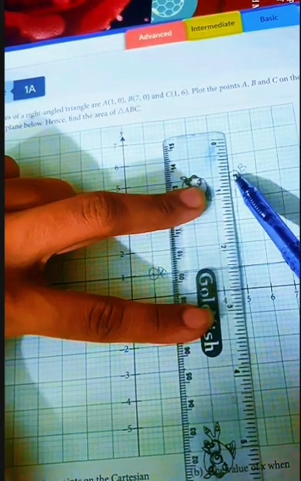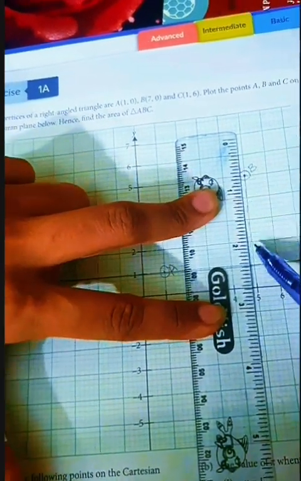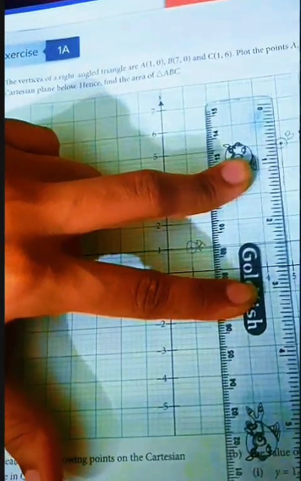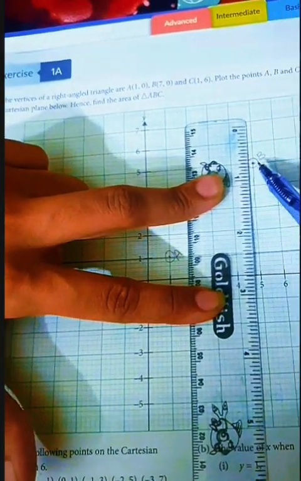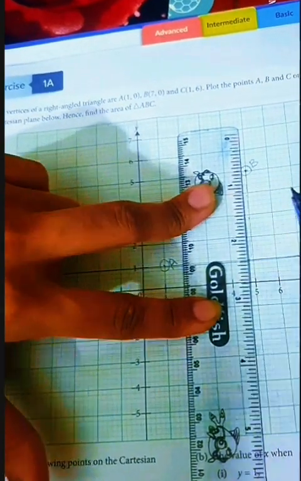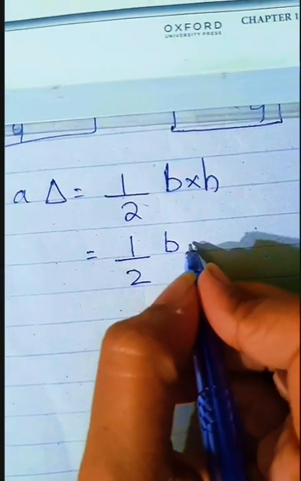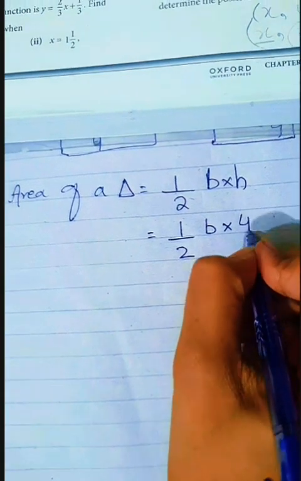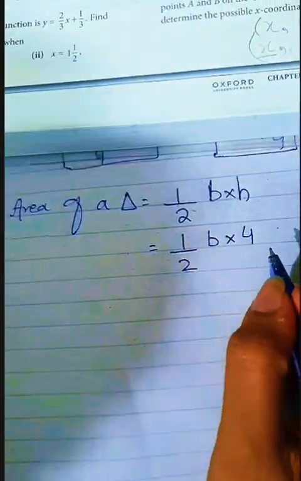The height would be from B down to this line, the y coordinate of C. So we can find how many units there are: 1, 2, 3 and 4. 4 units are over here. So in place of the base, we write b as it is, and for the height we write down 4.